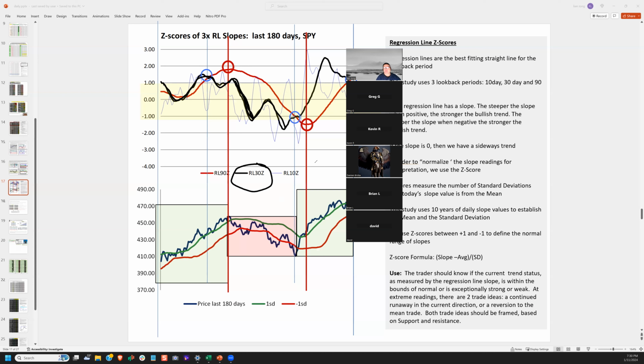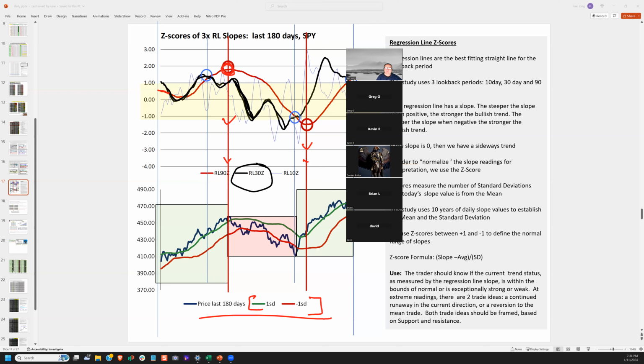And then the insight I had yesterday about the RL90 slope is that one is even smoother. Well, if you track that down to the price action of the last 180 days and you construct the river, the green and the red line creates the river.